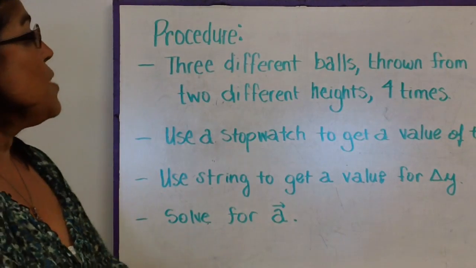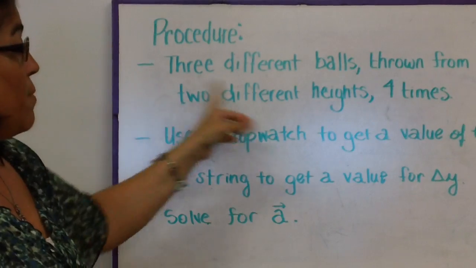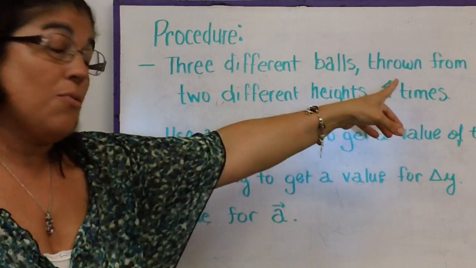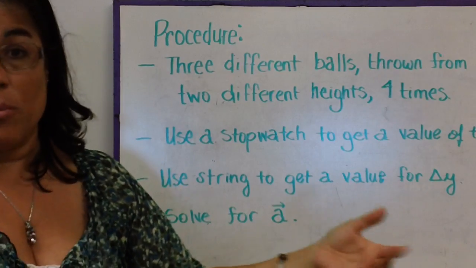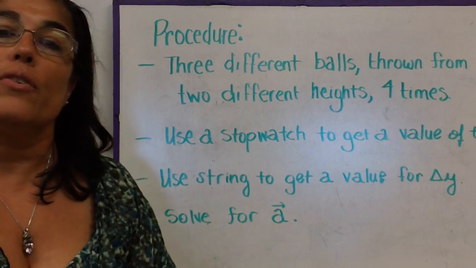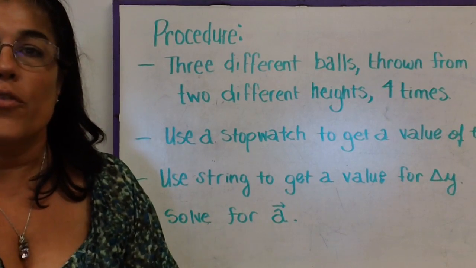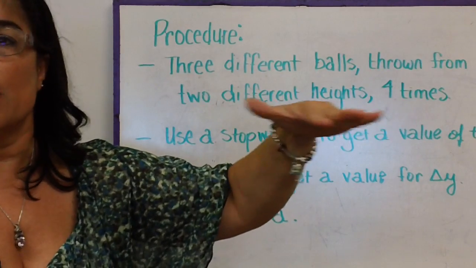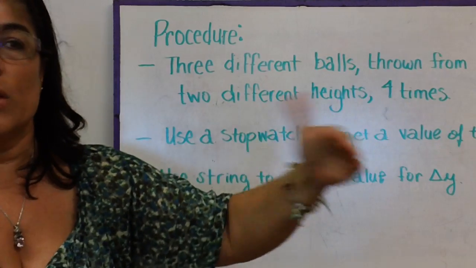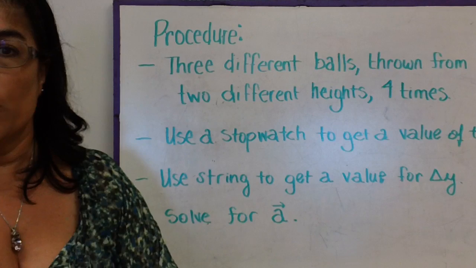So we're going to take 3 different balls and drop them from 2 different heights. I shouldn't say throw, because we're going to drop them, which means their initial velocity is 0. The first height is going to be the balcony right outside building 3, and the second is the middle ledge between the stairs.